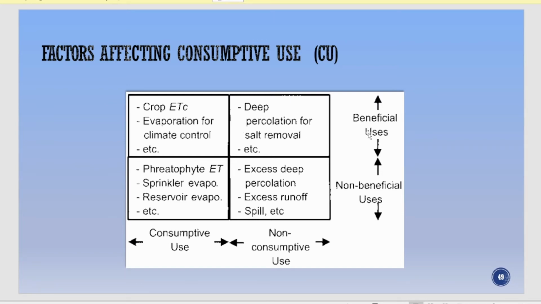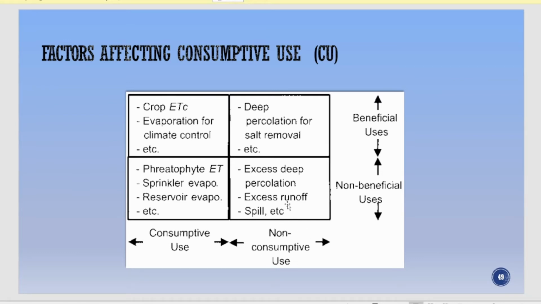Now similarly you can look into this part. The sprinkler operation and reservoir operation are consumptive use, but also non-beneficial use. Then the excess deep percolation is basically the water that is percolated into your farmland and is not accessible by the plant, so it becomes of no use, and it cannot be considered a consumptive use either.